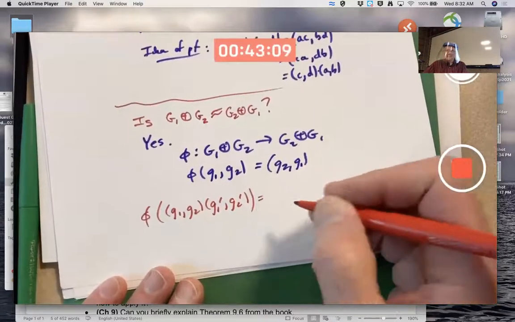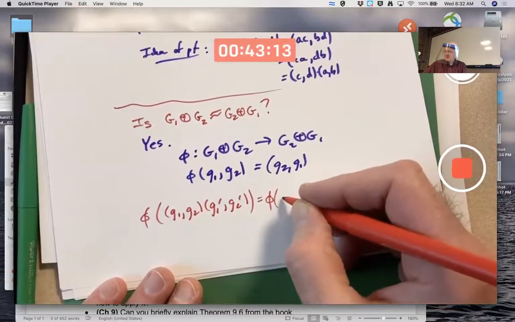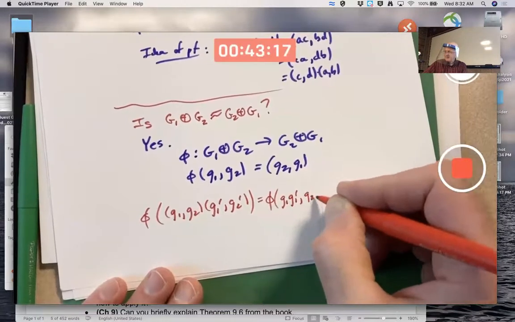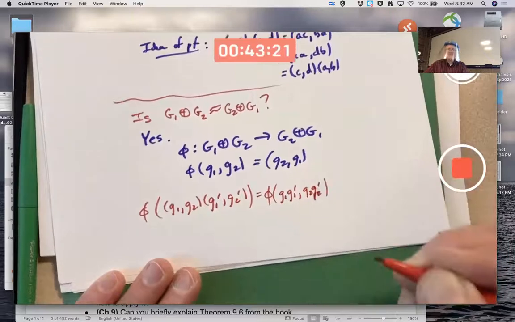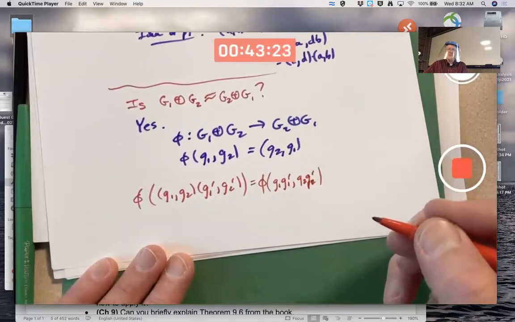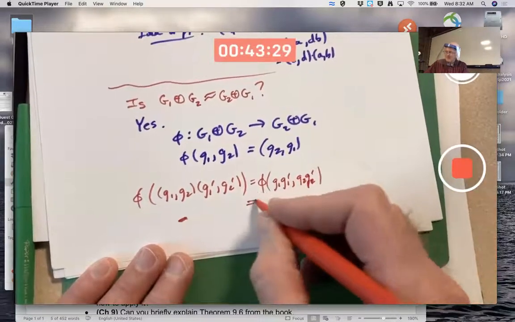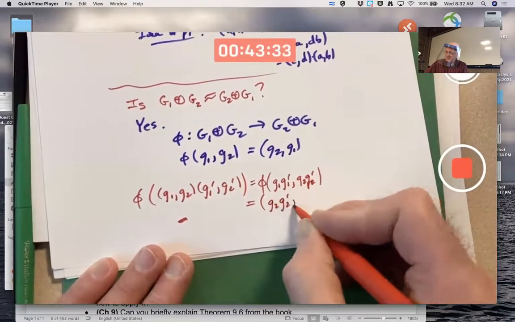How do you figure out what this is? You got to, well, first figure out what that product is, but again, it's done component-wise. Oops. It's easy to get confused here with your symbols. Then use the formula for phi. That equals, so switch around the components, the order.